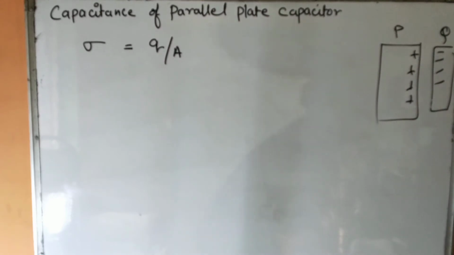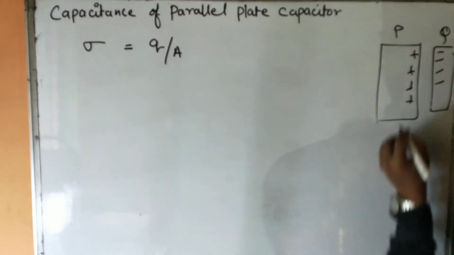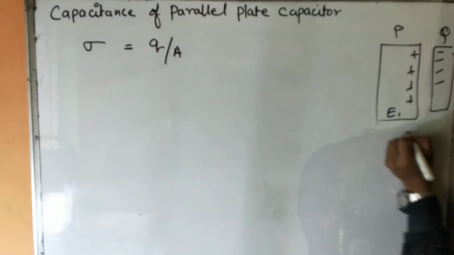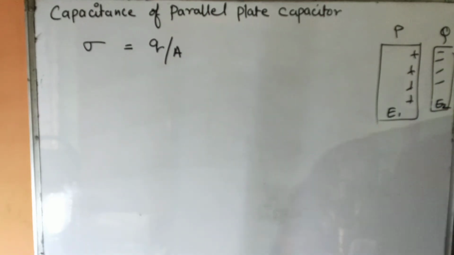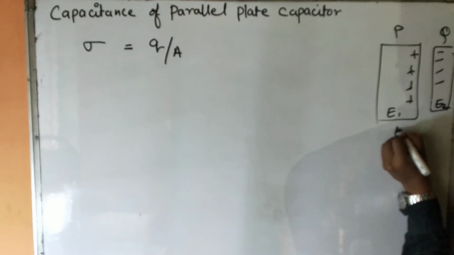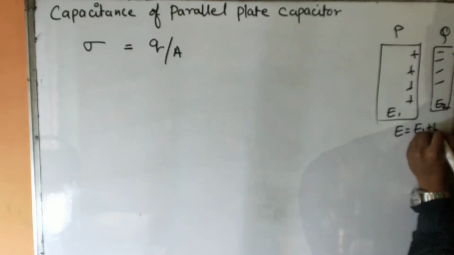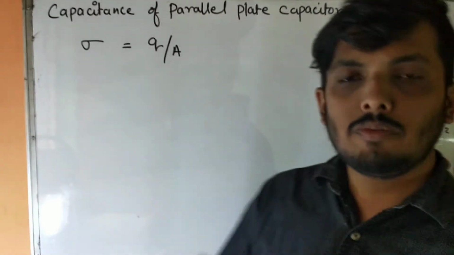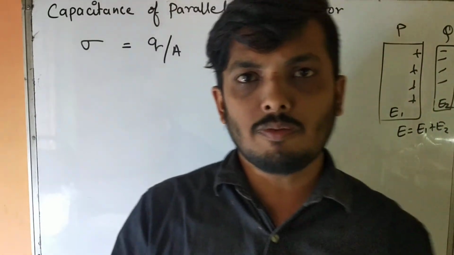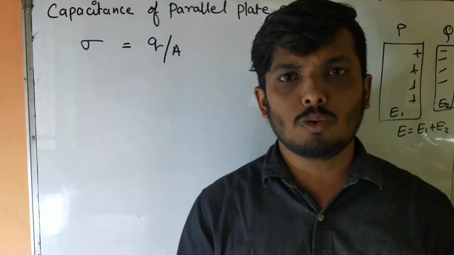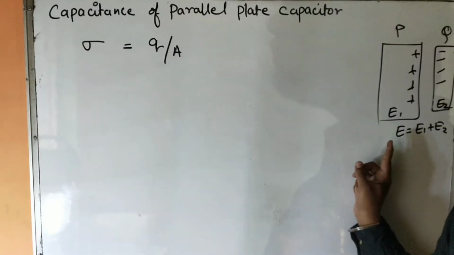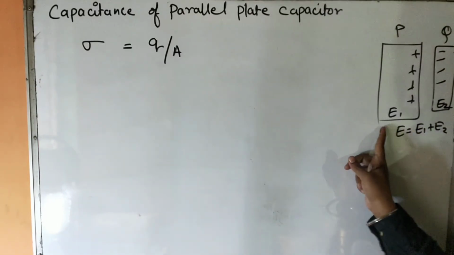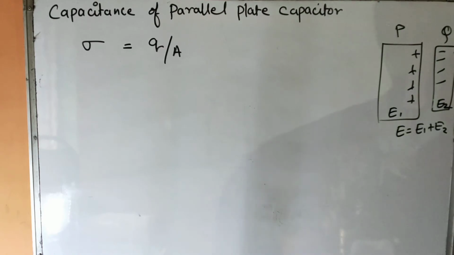Now students, we have to find the electric field intensity due to this plate, E1, and the electric field intensity due to this plate, E2, so that we get the total electric field intensity E1 plus E2. Now using Gauss law, we have done one important derivation. We were able to find the expression for electric field intensity due to an infinitely long, uniformly charged plate.